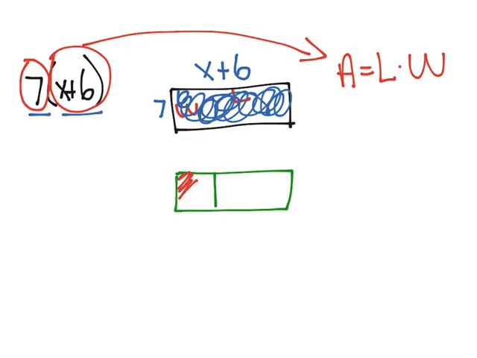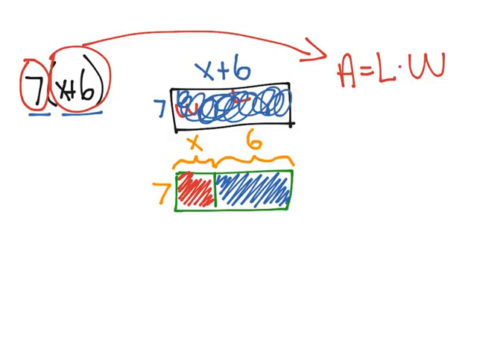We have block number 1, where the area is shown in red, and block number 2, where the area is shaded in blue. I'm still going to say that the width is 7. But now I'm going to say that the length of the red piece is x, and the length of the blue piece is 6.